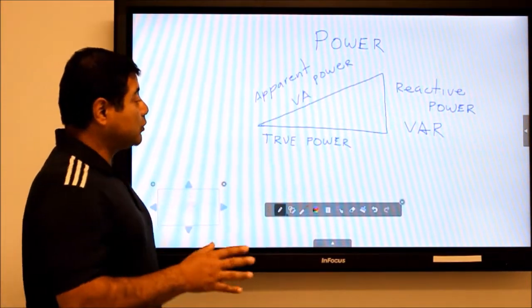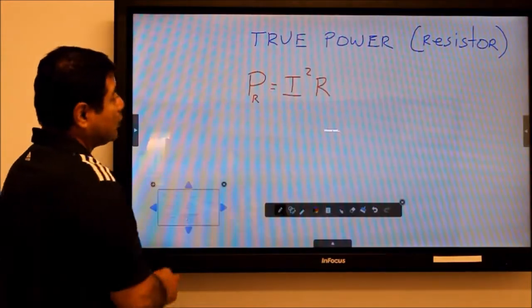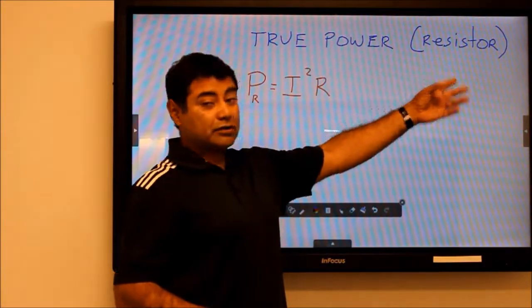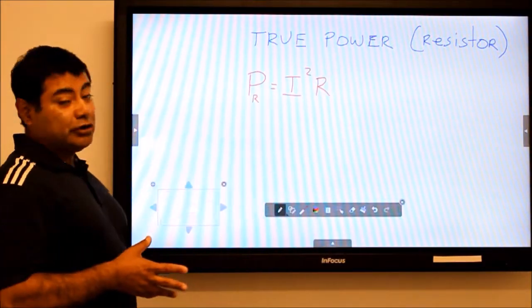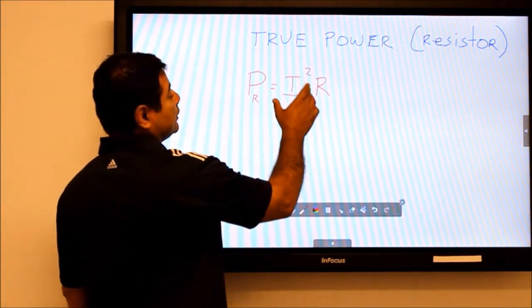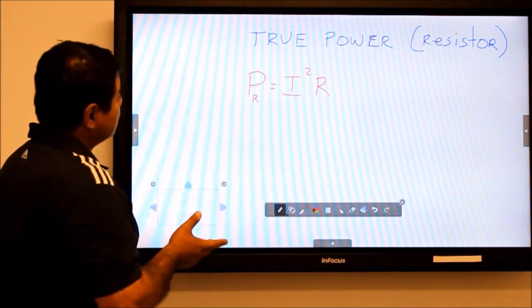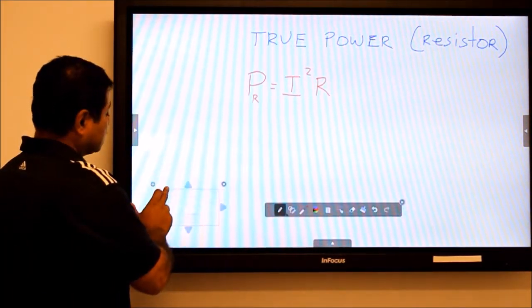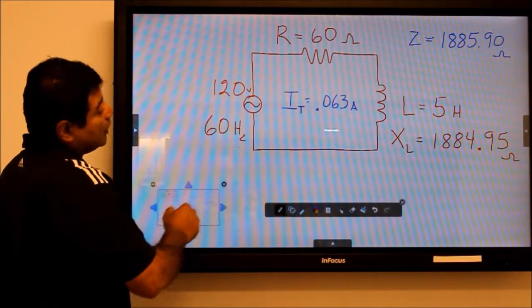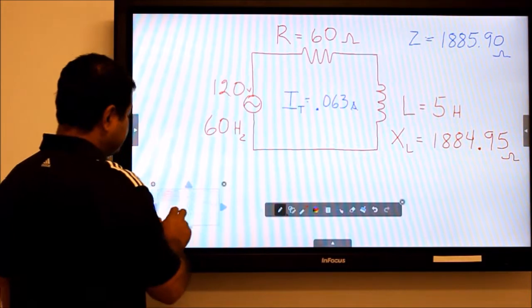All right? So we're going to go and calculate the true power, which is the power of, like I said, the resistor. And the power formula we're going to use is the power equals the current squared times the resistance of the resistor. All right? So let's go back and get our values. We know that the total current is 0.063 amps.